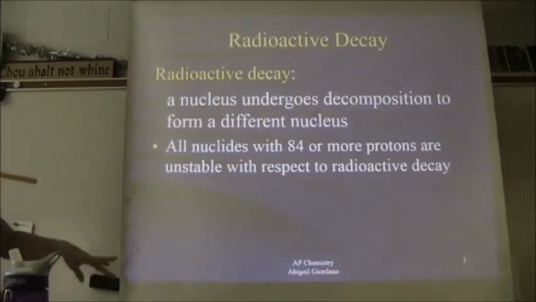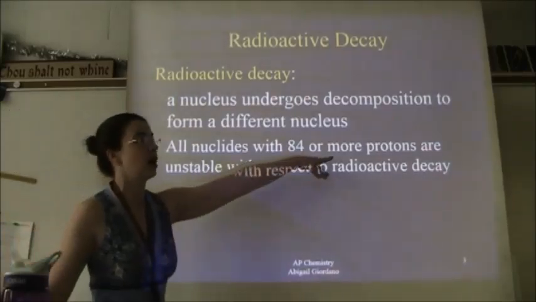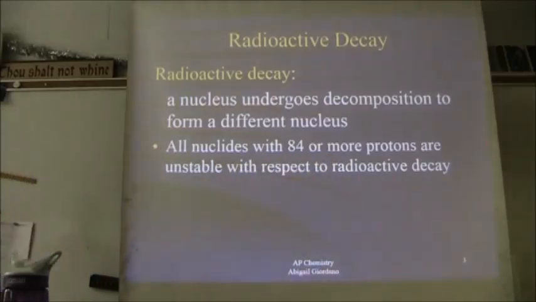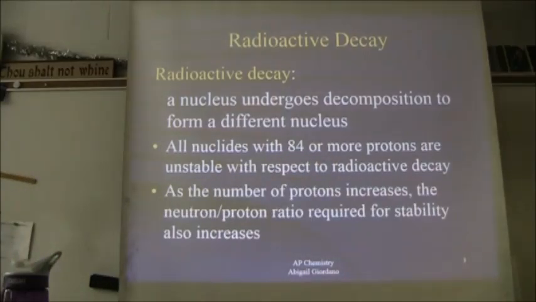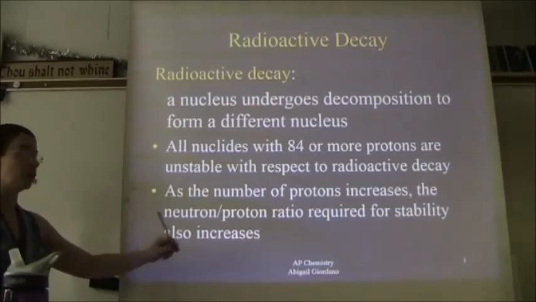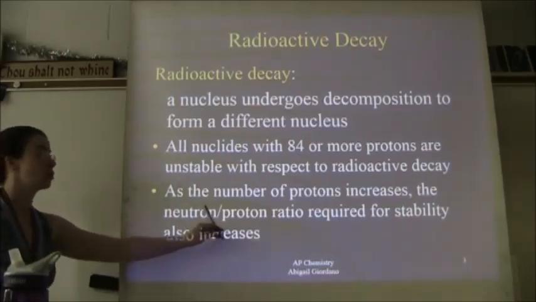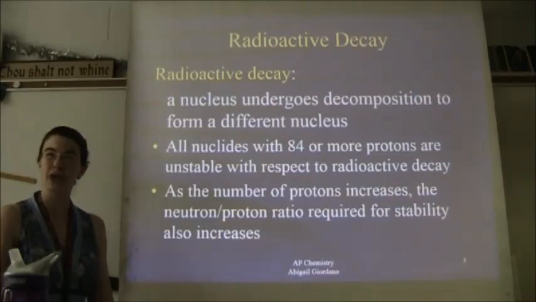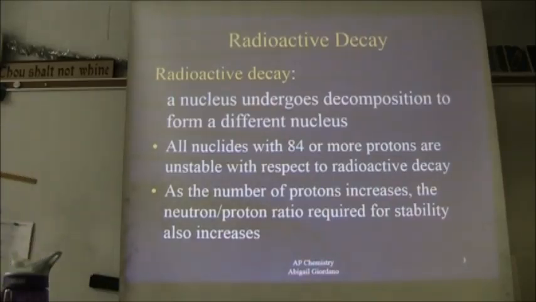But it's not actually the protons that make something radioactive and very unstable. It's the neutrons that are responsible, or to be more specific, the neutron to proton ratio is what makes an element radioactive, very unstable.